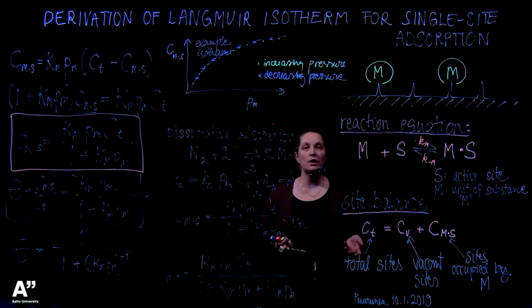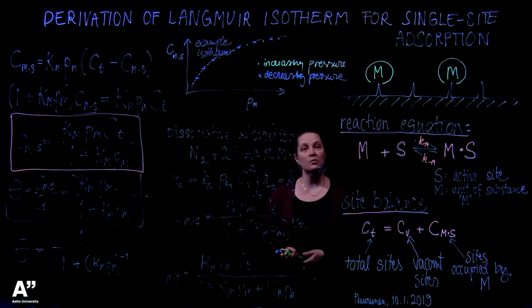You understand now that the Langmuir adsorption isotherm, it's a model. It is valid only for the case where the assumptions in the model are valid. It's not the only adsorption isotherm. There are many other model isotherms available that can be used to analyze more complex systems also.